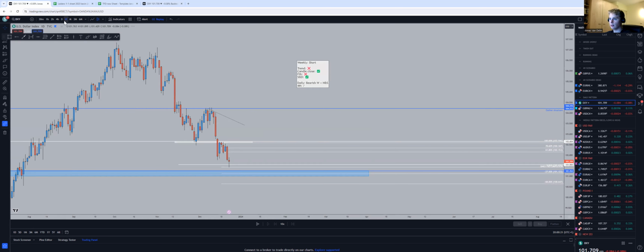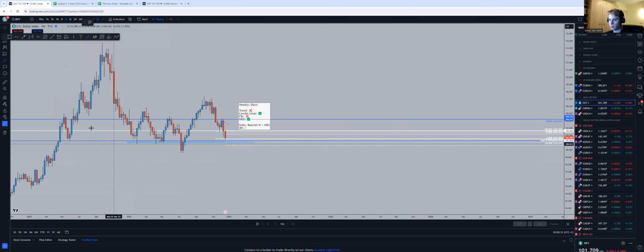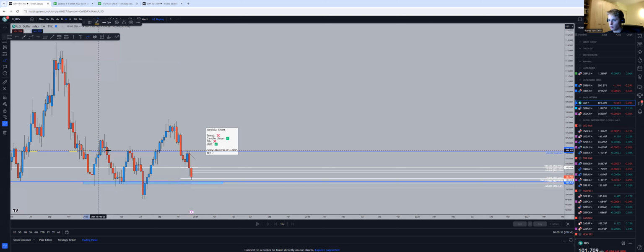If I go to the weekly, what can you see? Two weeks ago, three weeks, four weeks, I was saying that this potential supply and demand zone here, support, support, resistance, support, resistance, resistance, could hold, and we did that.